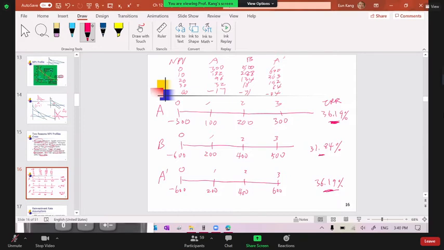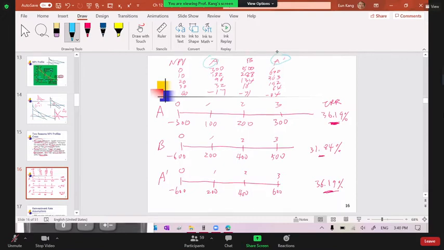So if you look at this one, A and A prime, the net present value of A prime is double those of A. So the net present value profiles of A and A prime will be kind of parallel, right? No crossover. But look at now A and B.